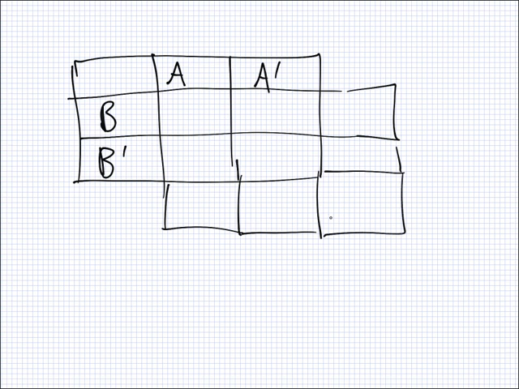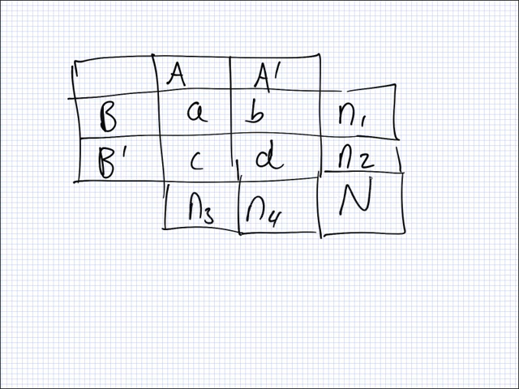I just want to put some letters in just to make it easy for us to reference. So I'll just call it A, B, C, D. And I'll call this one N1, N2, and then here N3, N4. And here, let's just call it capital N. I'm just giving it letters instead of numbers.